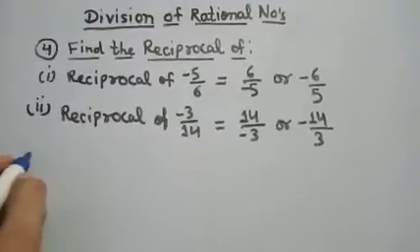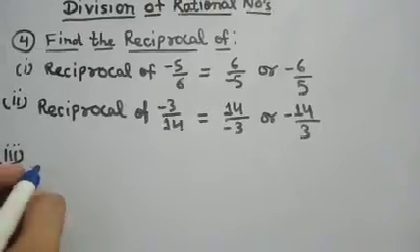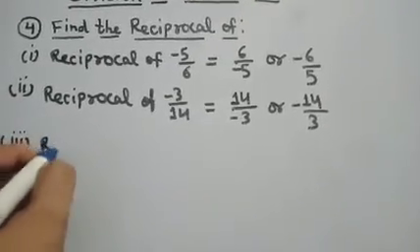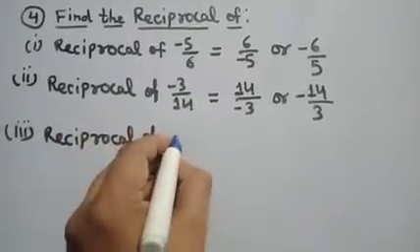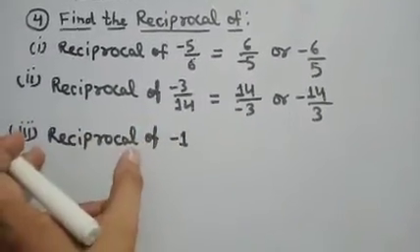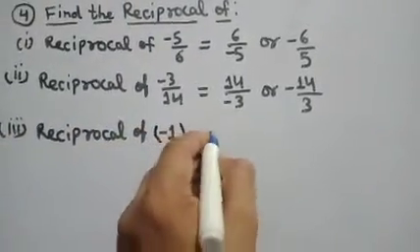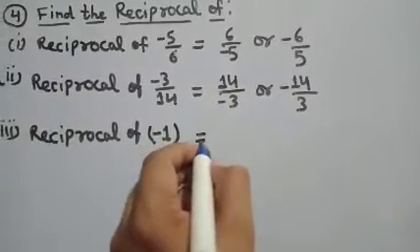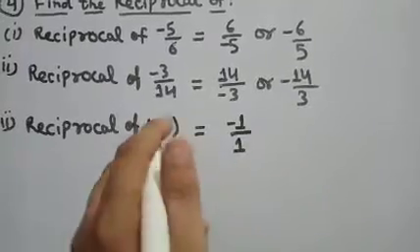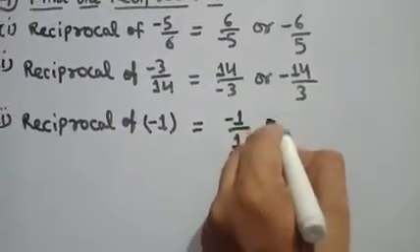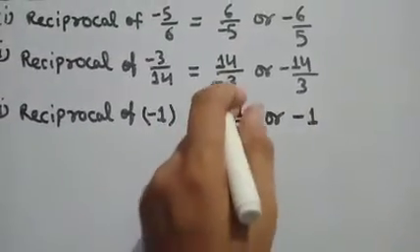Now the third one, reciprocal of -1. You can note down the words reciprocal of in front of the given part. The reciprocal of -1 is -1 upon 1. Then this is also called 1 upon -1.